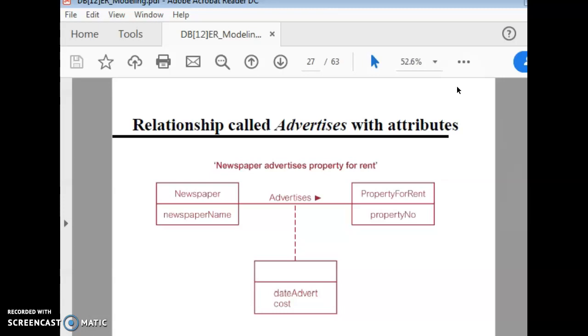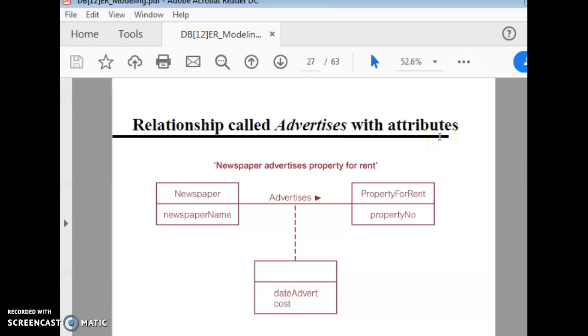Along with the attributes for entities, we can also show attributes for relationships. Here, date advertised and cost are the attributes for the relationship advertises.